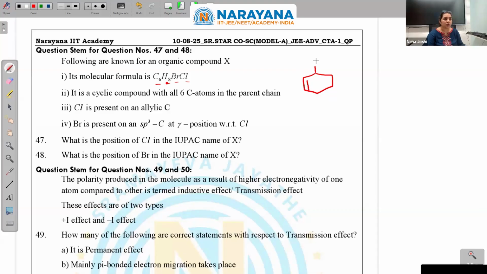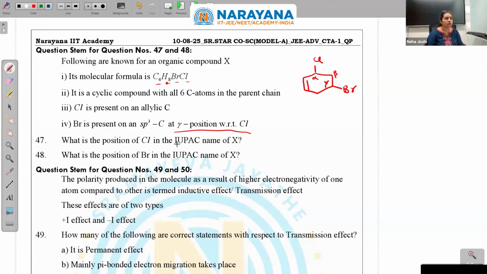Bromine is present on an sp3 carbon at gamma position with respect to chlorine. So alpha, beta, gamma from chlorine. So this is my bromine, this is my gamma carbon. So I have to check the numbering.